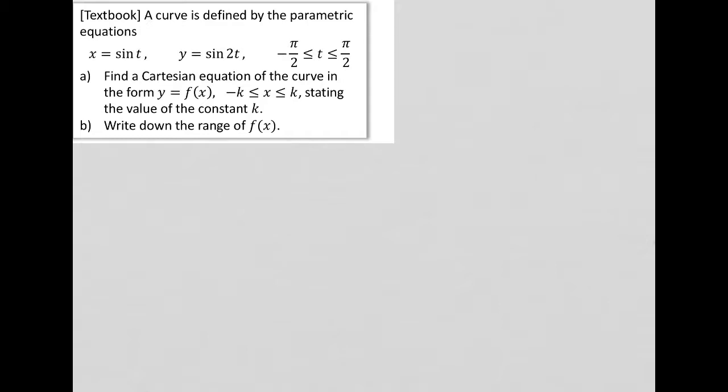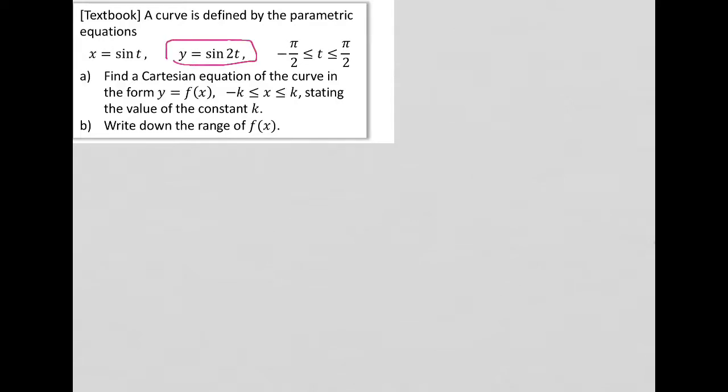So here we've got sine t equals sine 2t. Now I include this here because, according to which order you taught the syllabus in, you may not have learnt about double angle fully yet.